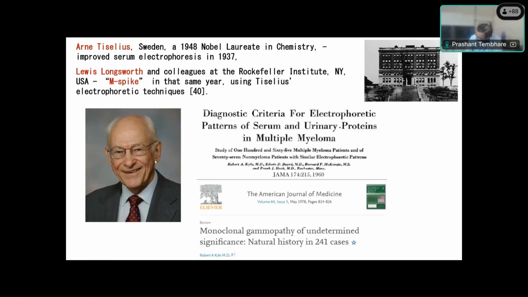I think he died last year. This is Robert Kyle from the Mayo Clinic, who has done a lot of work in plasma cell neoplasms, and the term MGUS was first defined by Robert Kyle. They did a general population study. The Mayo Clinic adapted a village, and they did this study on the natural history of MGUS and progression over a period of 20-30 years.